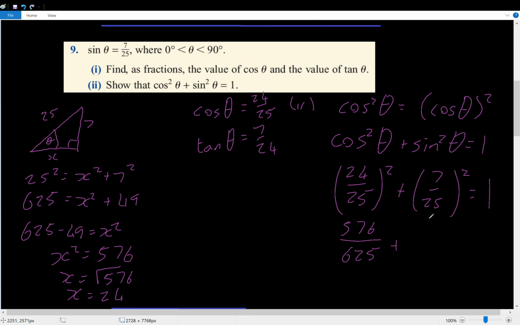And then 7 squared is 49. And as we said before, 25 squared is 625. And when you add the two of them together, you're just going to get 625 over 625, which is equal to 1. Anything divided by itself is equal to 1. So that is us having shown that cos squared theta plus sine squared theta is equal to 1. And that is that.